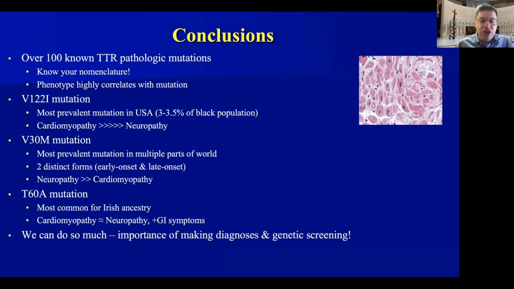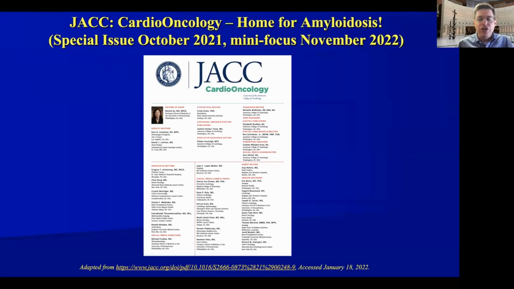And finally, T60A, which is the second most common mutation that we encounter in the United States. This is mainly in individuals of Irish ancestry, where cardiomyopathy and neuropathy often coexist about equally, and GI symptoms are quite prominent. Finally, I just emphasize we can do so much, and it really emphasizes the importance of making diagnosis and doing genetic screening. Now that we have therapies, it's really important to diagnose.